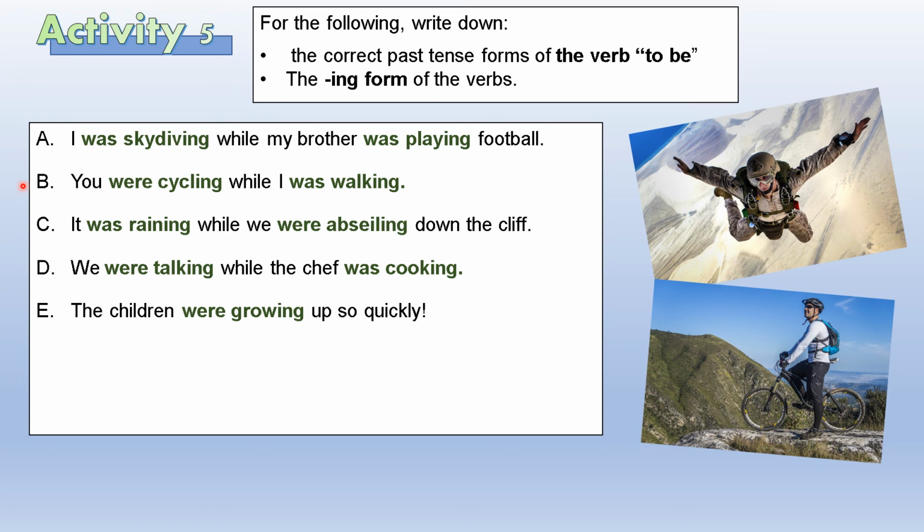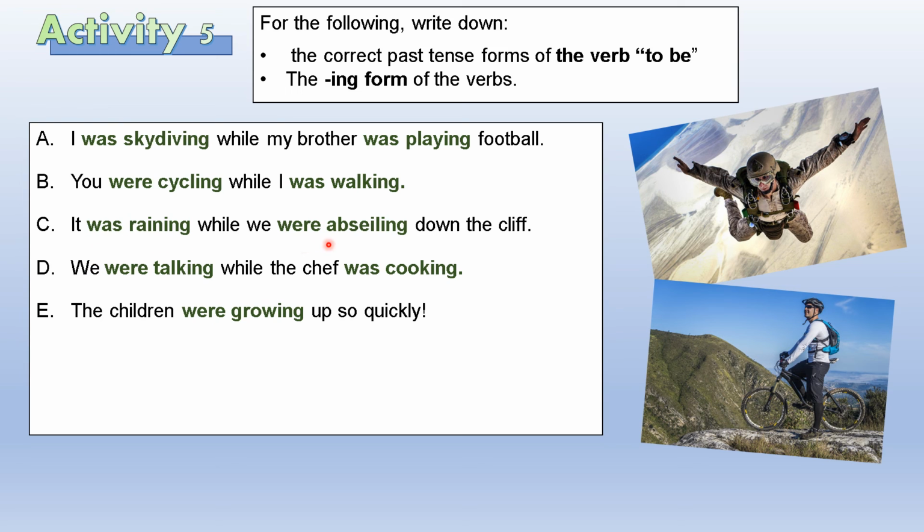Okay, let's look at some answers for activity 5. A, I was skydiving while my brother was playing football. B, you were cycling while I was walking.